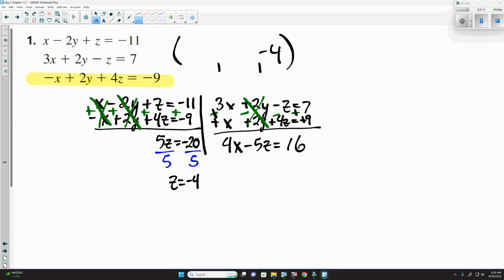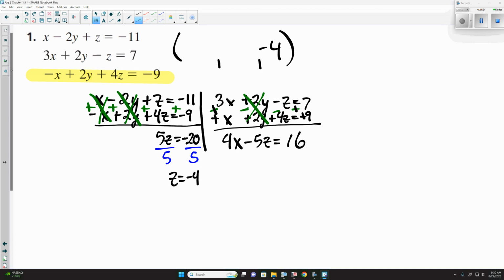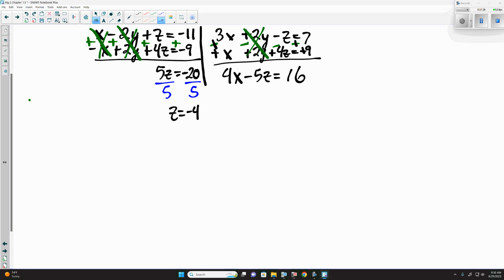So I have one equation already solved. I have z equals negative 4. And I have a second equation with two variables, yes? Do I know what one of those two variables is? Okay. Now I can just start solving. Negative 5 times negative 4 is going to be plus 20.